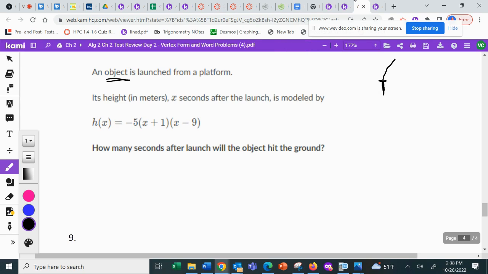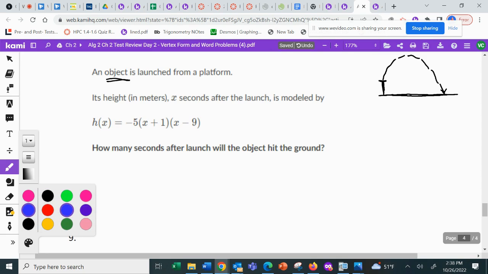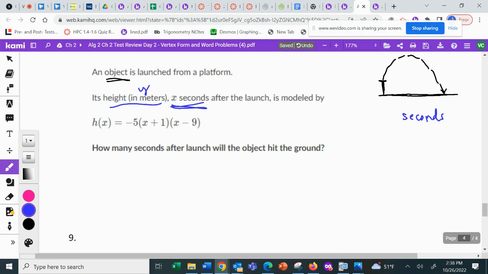It goes up in the air and then gravity takes over and it comes back down. And this says how many seconds after the launch will the object hit the ground. So I'm trying to make this picture into a graph. X is the seconds, and the height in meters has to be the y.